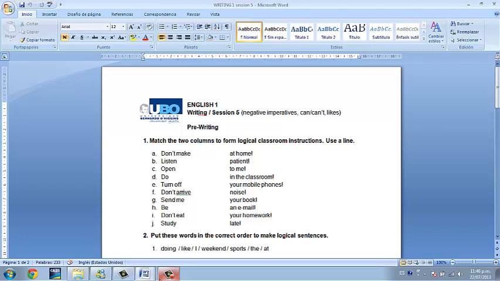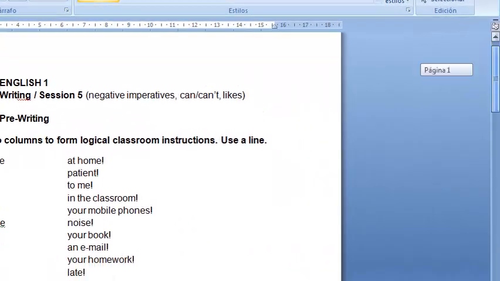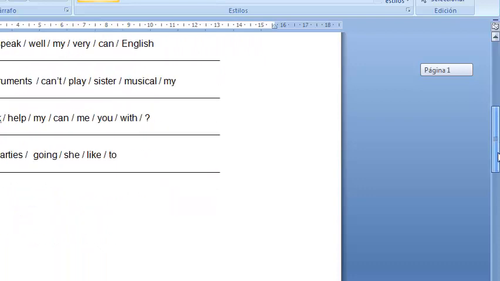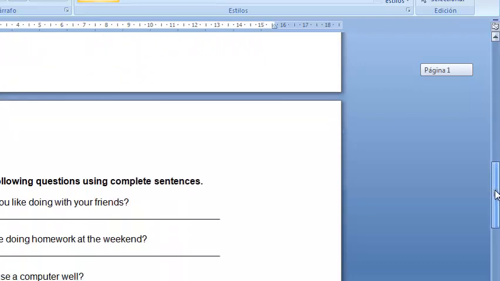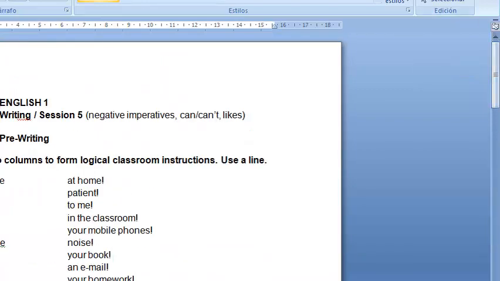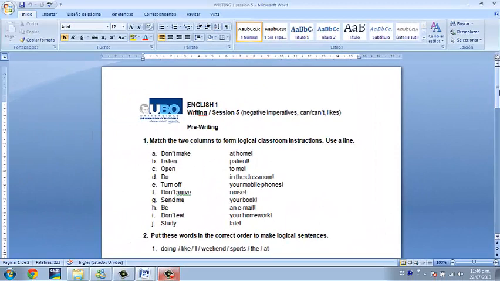They were not willing to keep working with the material we were previously using, and now they're really happy because, as you can see, it's pretty simple. It goes straight to the point. We just try to tackle the content that they are going to be asked in tests.